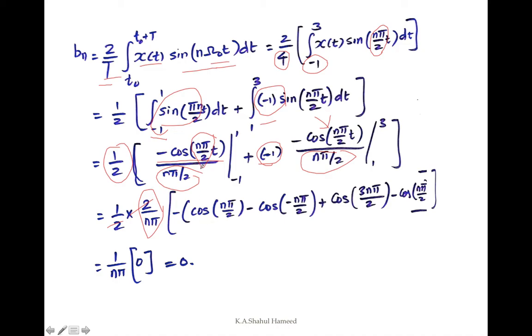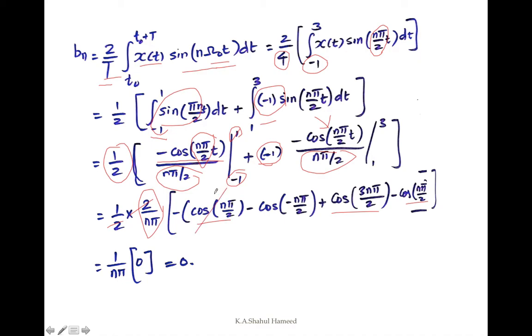The first term, when substituting the upper limit, is cos n pi by 2, and for the lower limit cos minus n pi by 2. Then the second term, upper limit is 3 n pi by 2, lower limit cos n pi by 2.